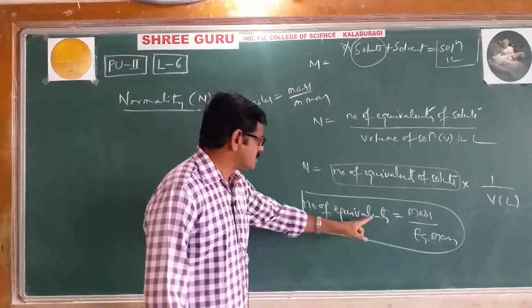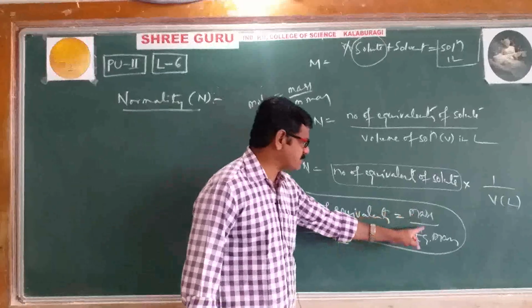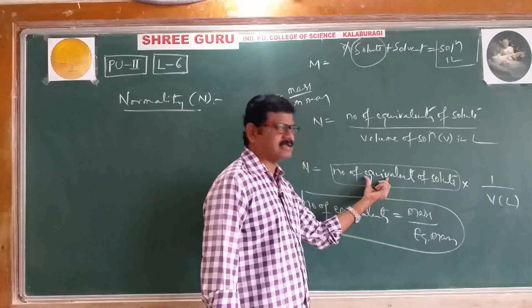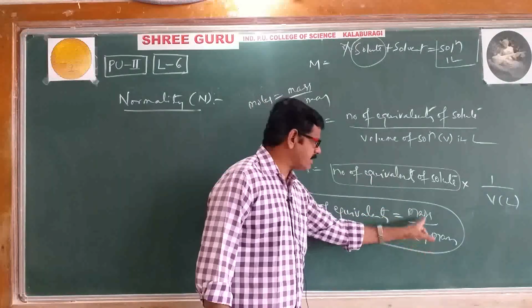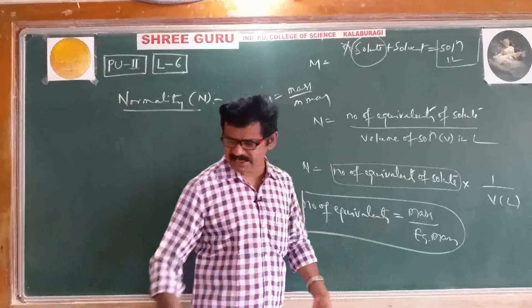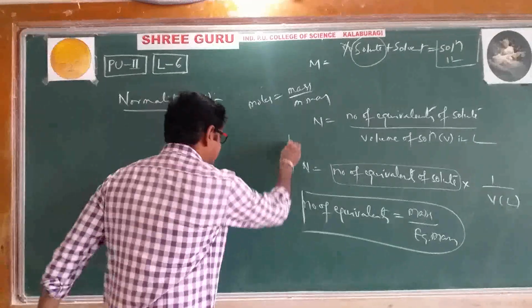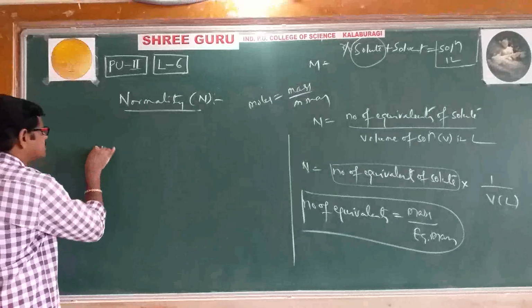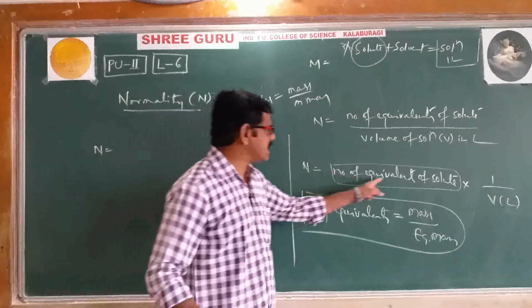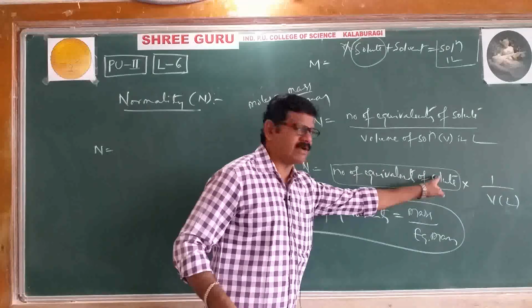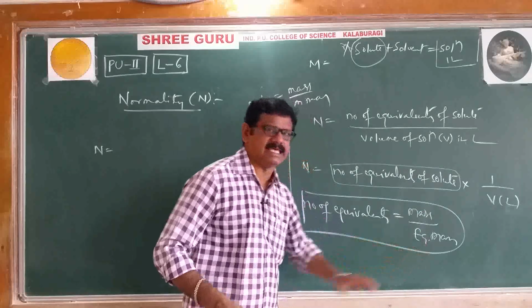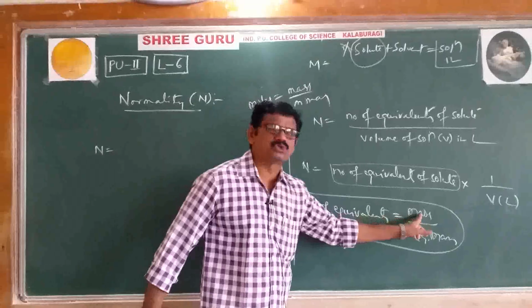Now this formula, mass by equivalent mass, we will substitute here. We'll get the next final formula of normality: normality is equal to, instead of equivalents, I can write mass by equivalent mass. Mass means whose mass?